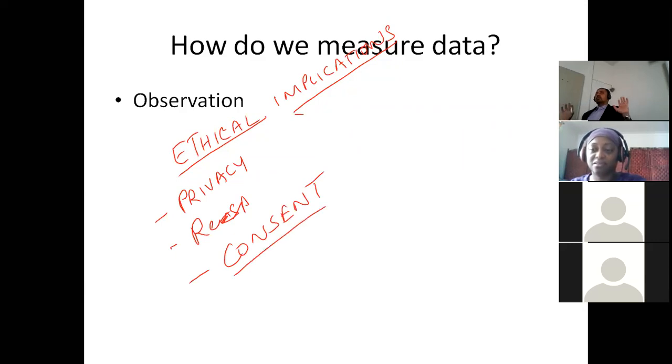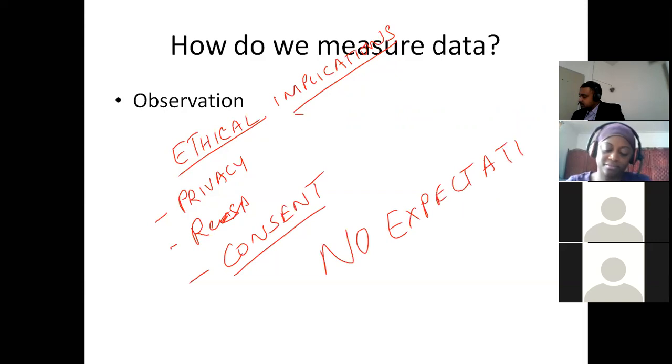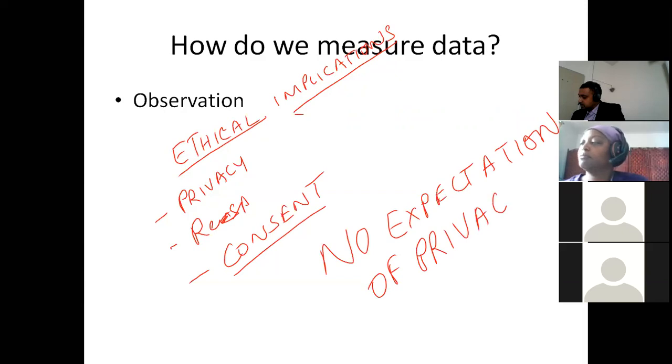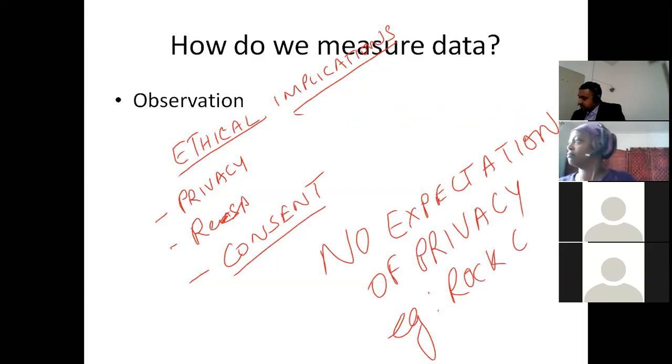So here is how most ethical bodies will look at you collecting information through observation. If you're collecting information through observation in a place where there is no expectation of privacy, for example, a rock concert. Nobody at a rock concert is expecting to not be seen.